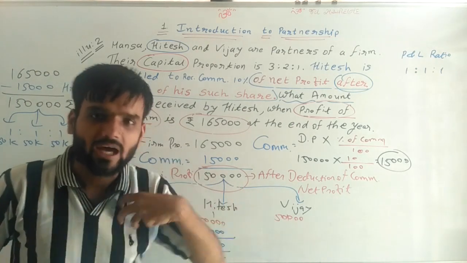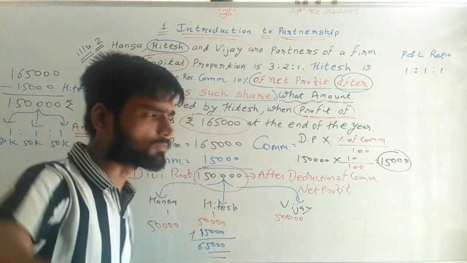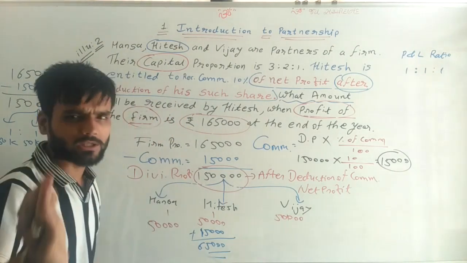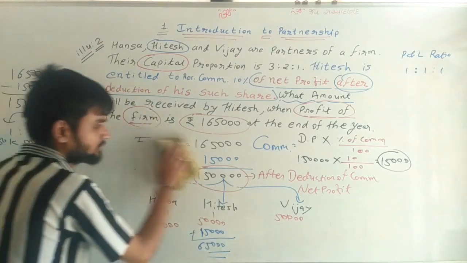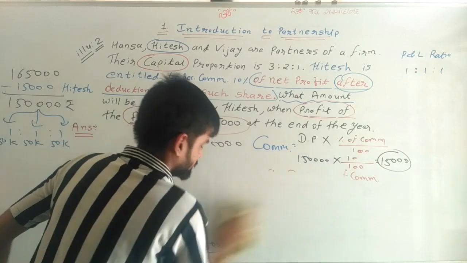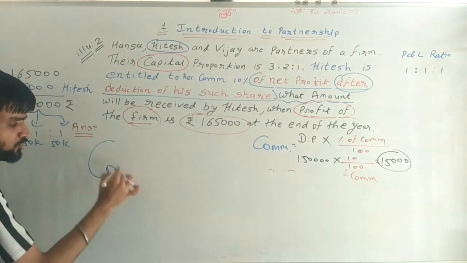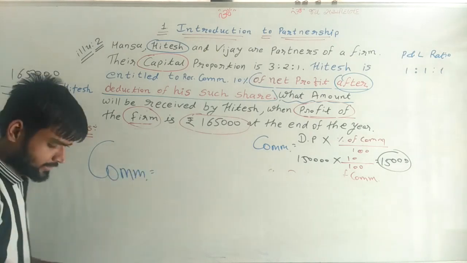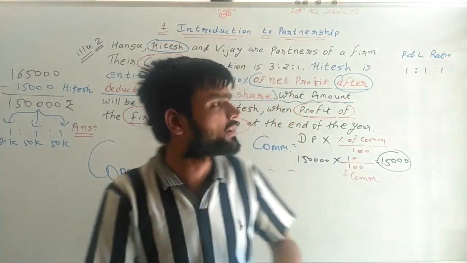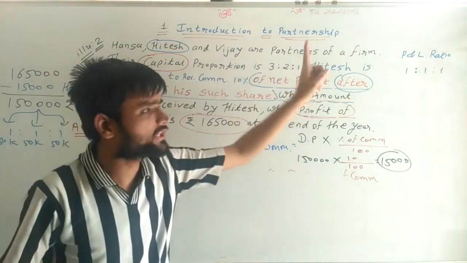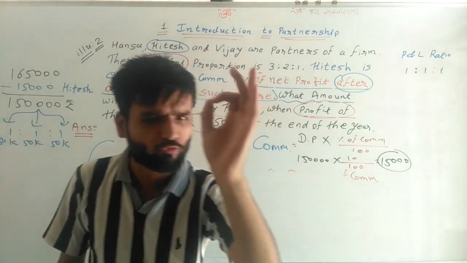And that's why I made two formulas for that. Again, I am repeating that formula. I am sure this concept is 100% clear to you. Now, again, I am writing two formulas of commission. Sir, to find commission, for weak students and all students, this is a very important thing. Whenever this statement is given, profit after deduction of such commission, then remember only two formulas.